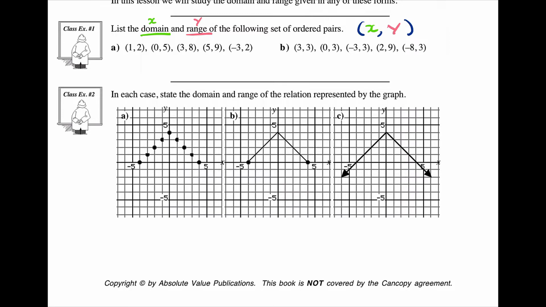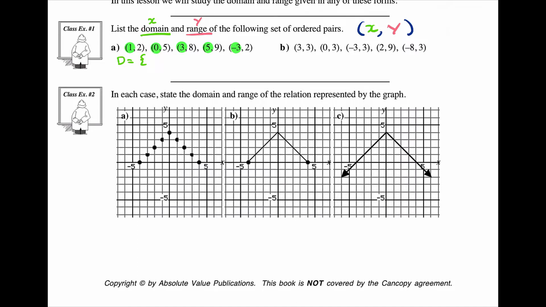So what we're going to do is write that the domain is going to be equal to, and we do a little squiggly bracket like that, and it's all of these first values that show up here. So it'd be like the 1, the 0, the 3, the 5, and the -3.